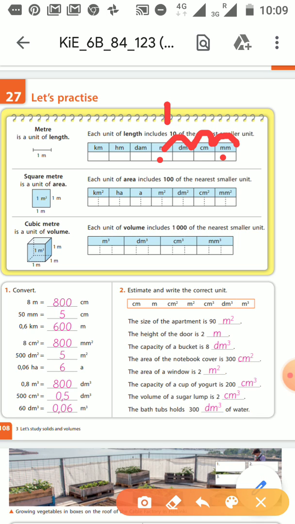Because there's 3 boxes, so it's 3 zeros. And you should hopefully know by now that milli means 1,000, okay? So 3 zeros for the 3 boxes it goes across. That's going from right to left, all right? From the bigger numbers to the smaller we do times.